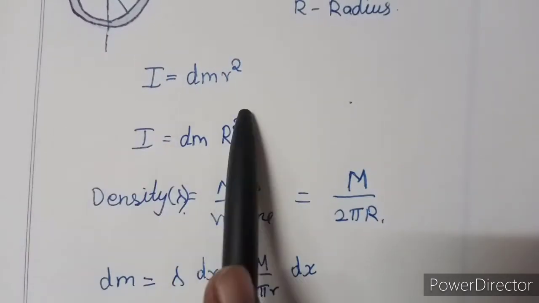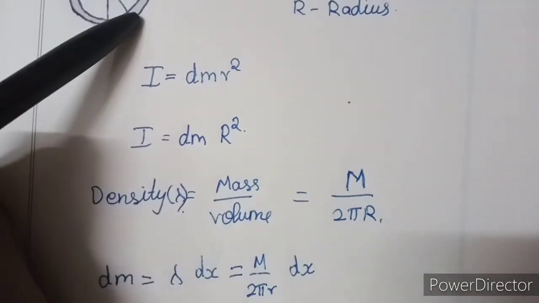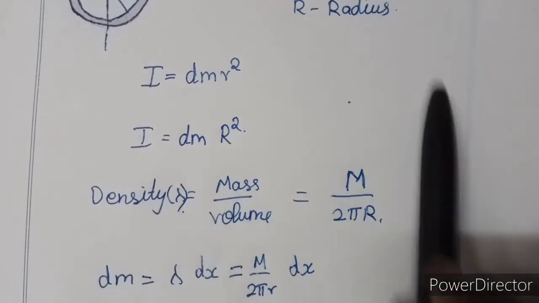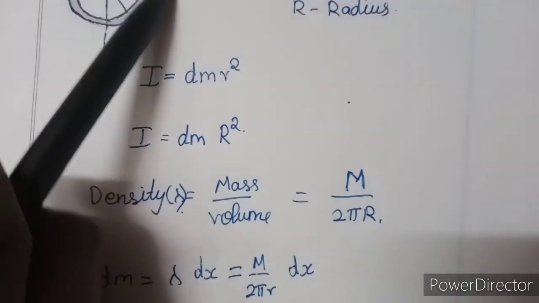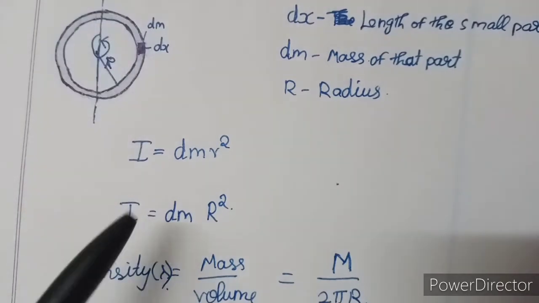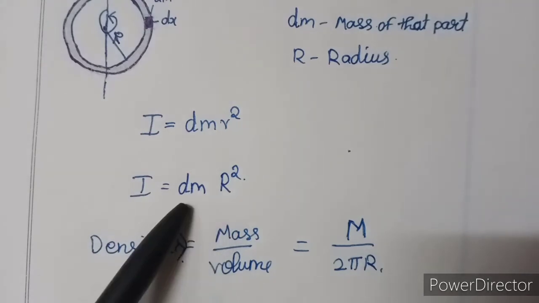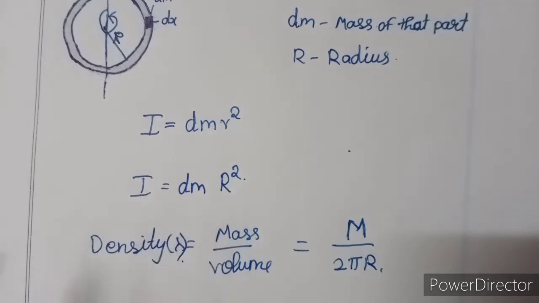For a ring we are calculating with the radius, which is mentioned here as capital R. The mass is also given for a small part, so for the small part we are taking dm as mass. So here mass is dm and radius is r square, so we are taking it as m r square.